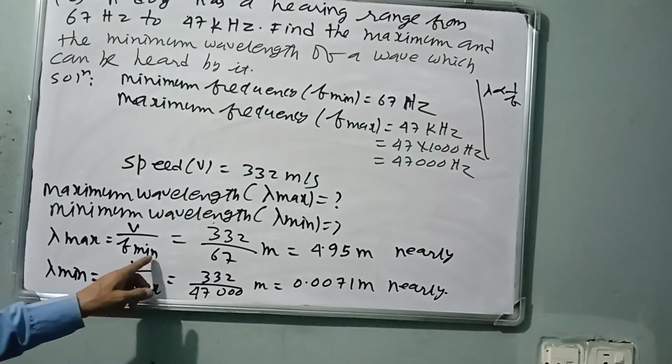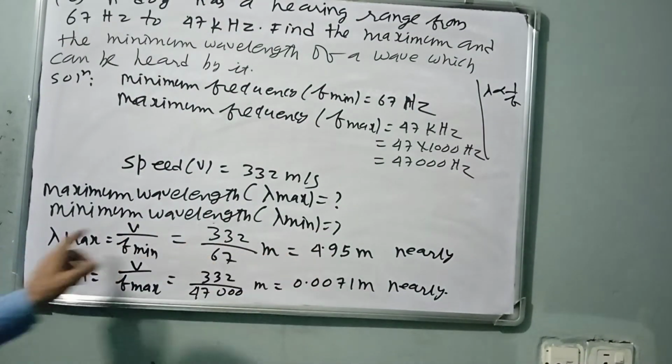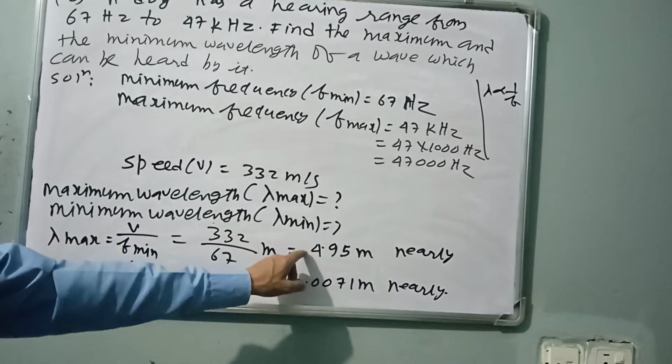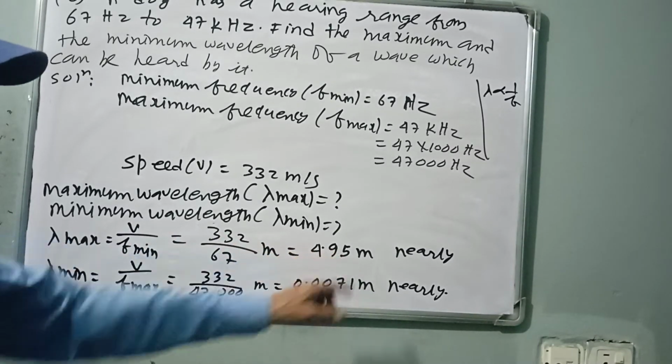When frequency is minimum, wavelength is maximum, and the maximum wavelength is 4.95 meter.